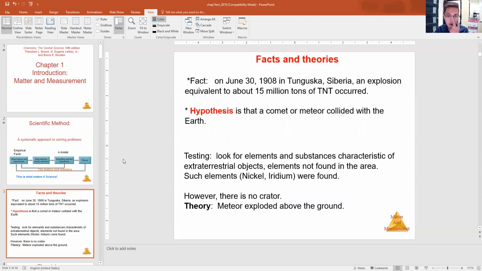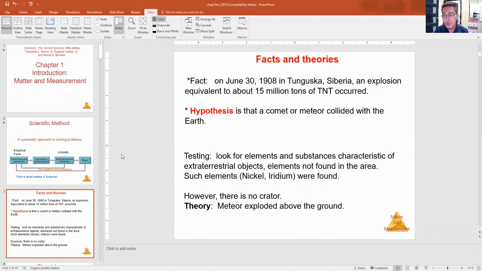So for example, a fact and a theory. A fact is an event that happened on June 30, 1908 in Tunguska, Siberia. An explosion equivalent to about 15 million tons of TNT occurred. TNT is trinitrotoluene. It's a bomb, an explosive. The hypothesis at that time is that a comet or a meteor collided with the Earth. Now the testing: they looked for elements and substances characteristic of extraterrestrial objects, elements not found in the area, and such elements, nickel and iridium, were found on that site.